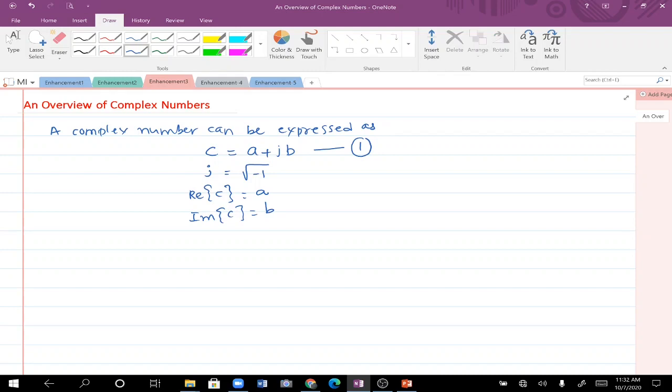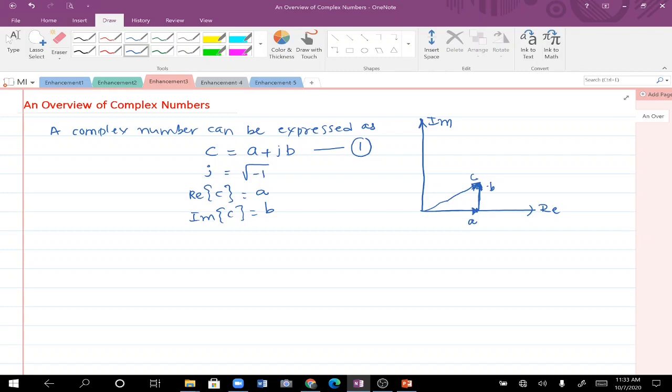So you have on one axis the real part, and on another axis the imaginary part. This has a magnitude of a on the real axis and a magnitude of b on the imaginary axis. So this you could think of as your C. That's one way of representation.